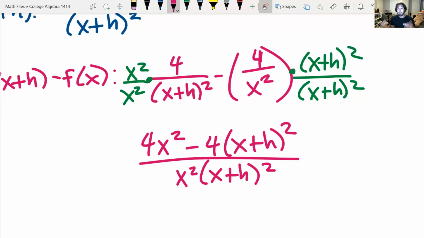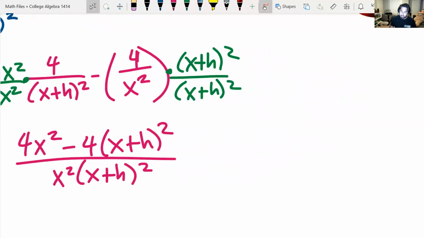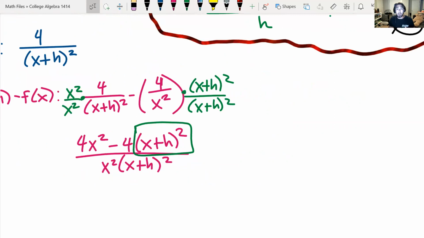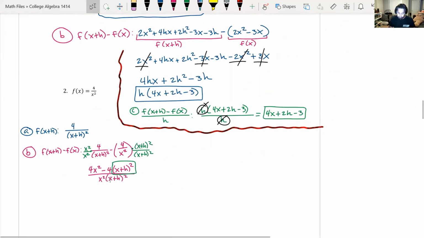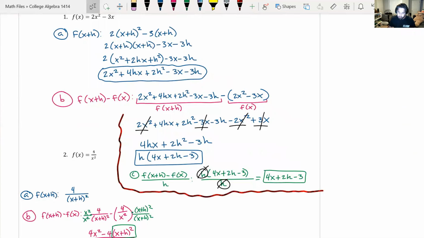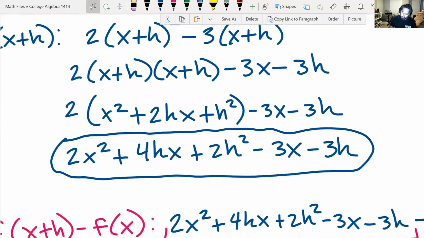Okay, and all we have to do now is clean up the numerator. Now look at this interesting piece. We've done this already. We have foiled that out already. And this is something that you're going to see common in all these different quotient functions, is this x plus h squared. So if you ever see that, just know that it will always foil.